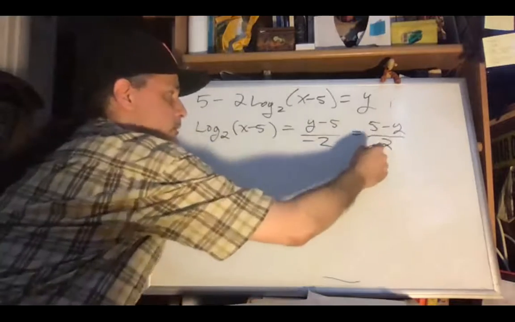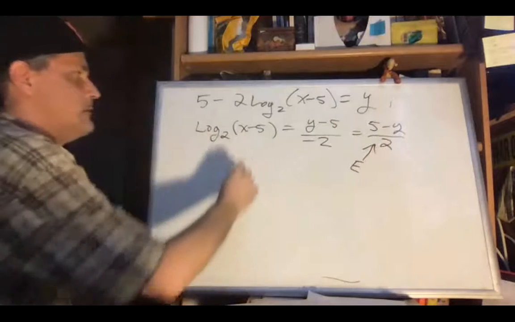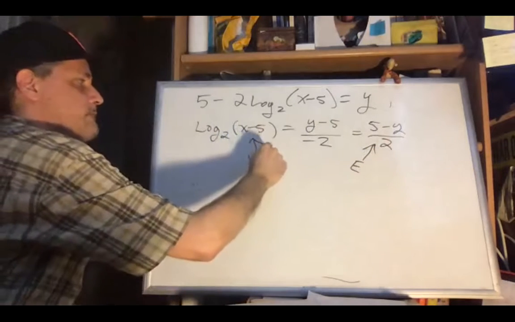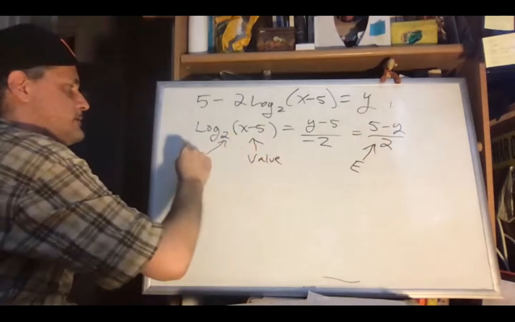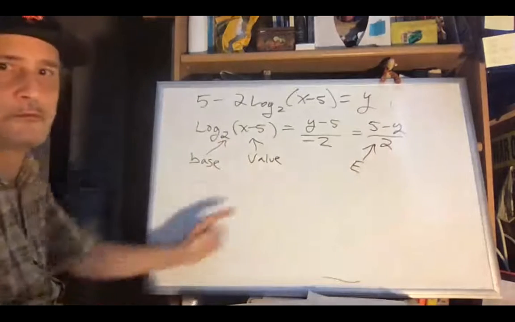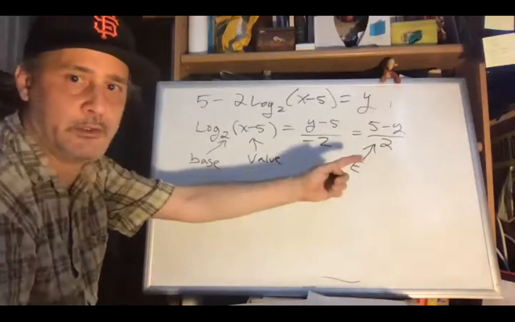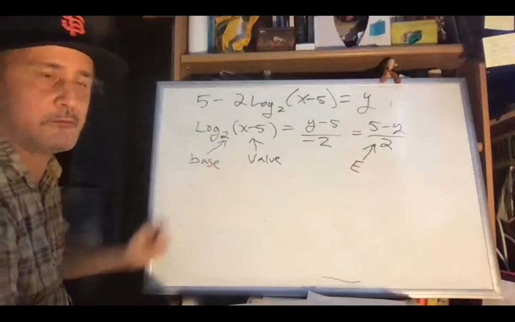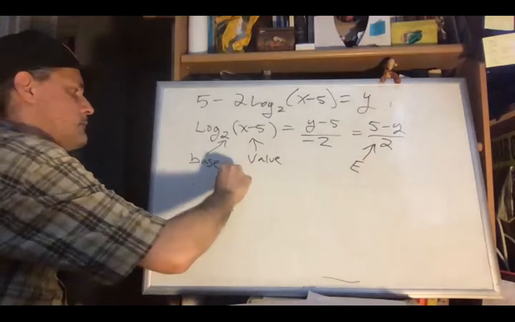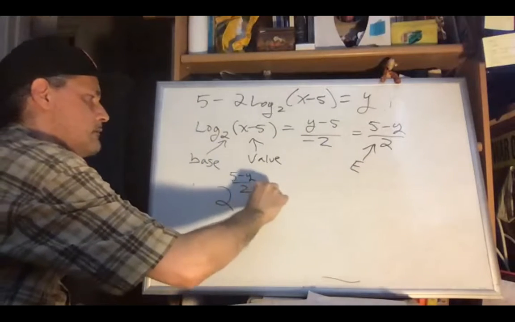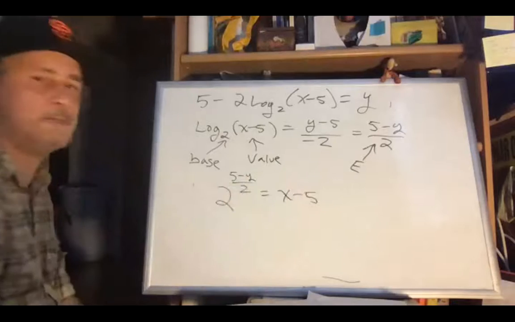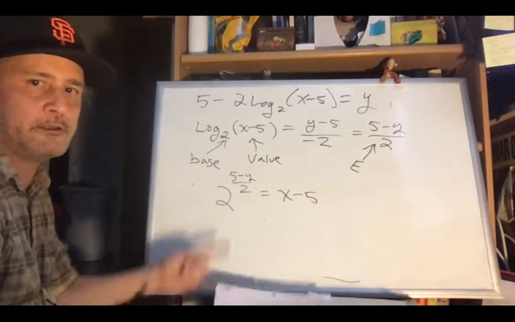So this is the exponent, the value is x minus 5, and the base is 2. So we have 2 raised to the exponent equaling the value. And then just add 5.